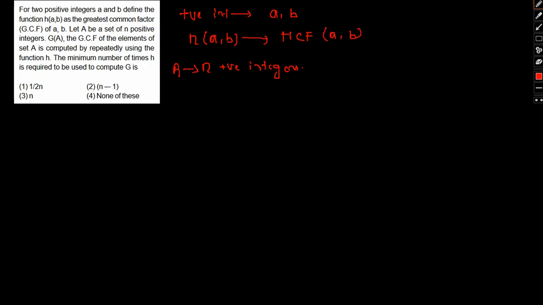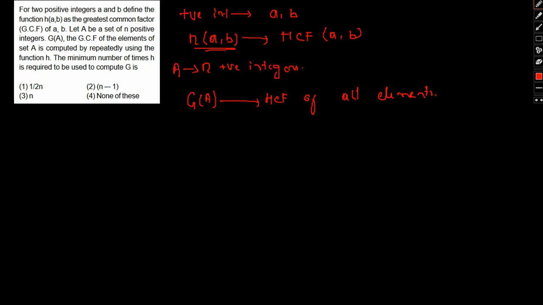So now let's say g of A we need to find out. So we need to find basically the HCF of all elements in this regard.